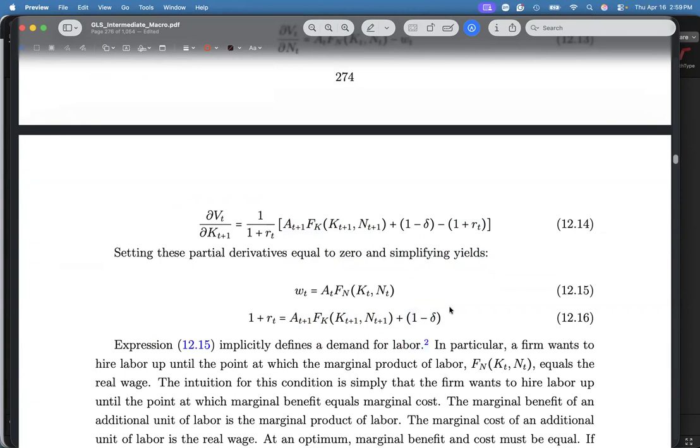In the future, you will have at the end KT plus 1. Ibebenta mo yun. So if you increase your KT plus 1, you will sell more in the future, right? And that's why you will sell more by 1 minus delta, the remaining capital after you decide on KT plus 1. So the right-hand side is the benefit, and the left-hand side is the cost of increasing your KT plus 1. So any questions about 12.5 and 12.6?